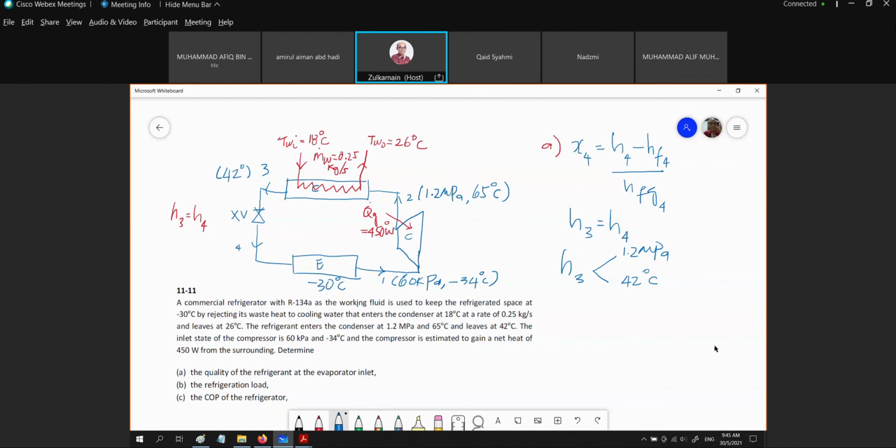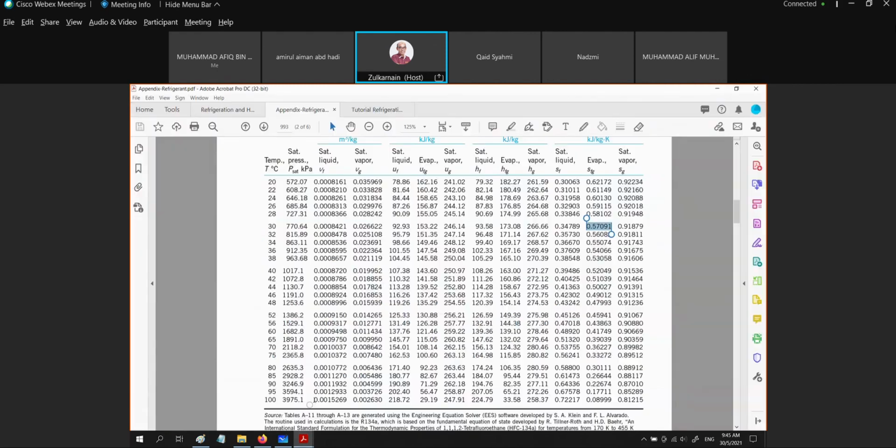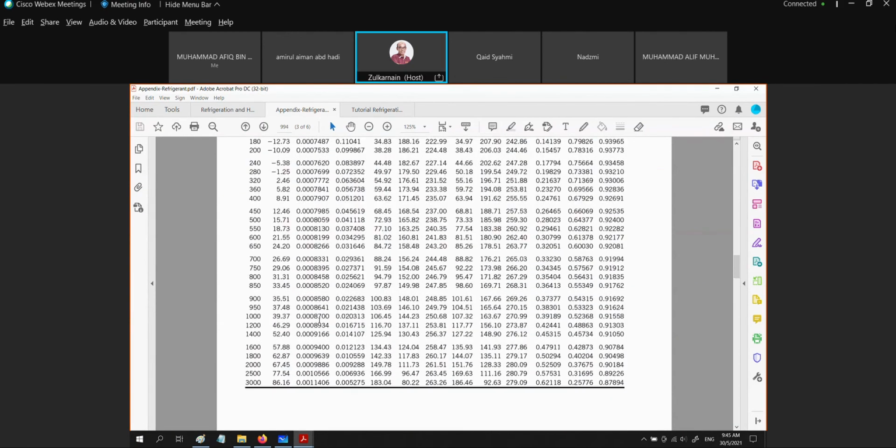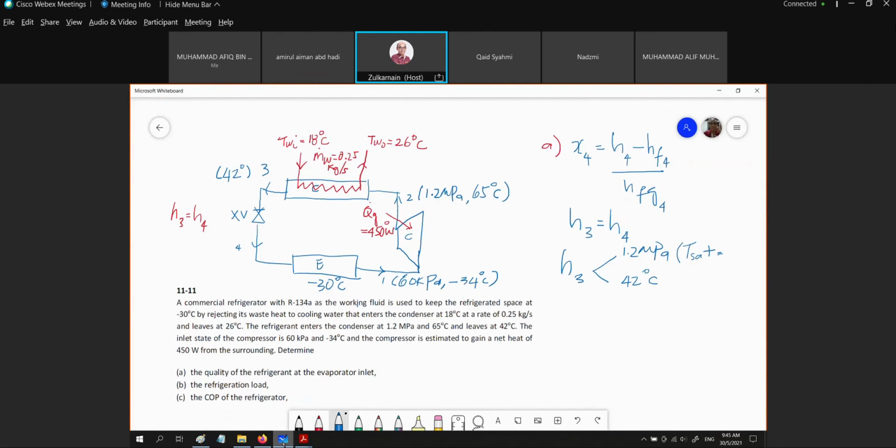To get the state of 3, we need the T sat at 1.2 megapascal, which is 1,200 kPa. T sat at 1,200 kPa is 46.29 degrees C. We compare the T sat and T3, and we find that T3 is less than T sat. Therefore, it is compressed liquid or subcooled.